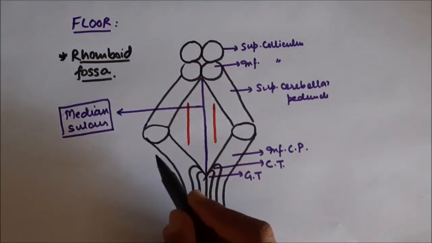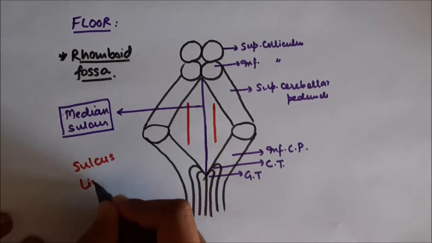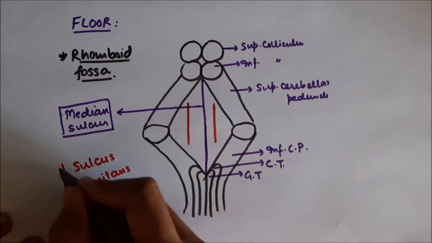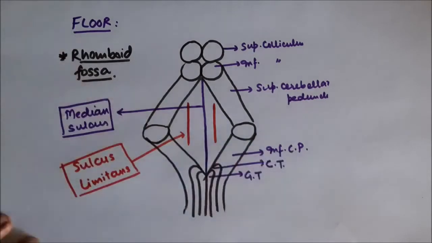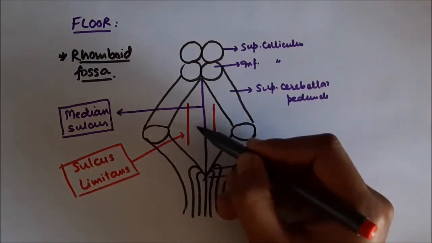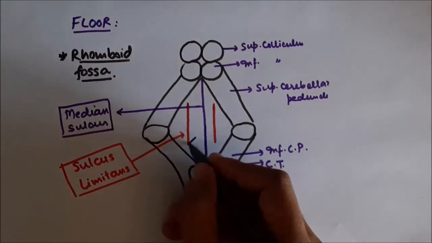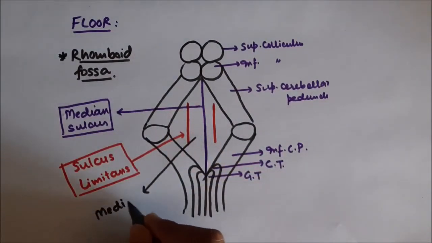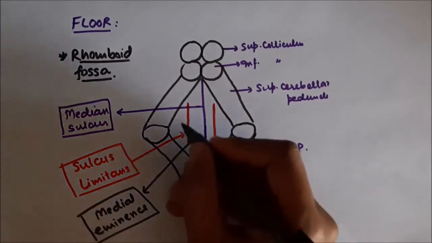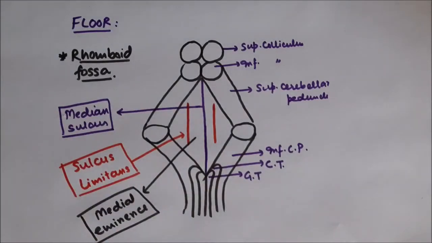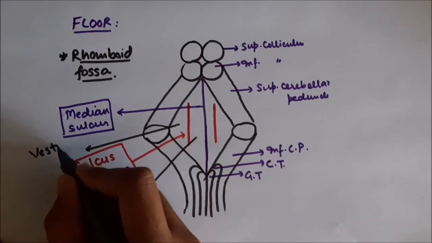This sulcus is called sulcus limitans, and the medial part is called the medial eminence, and the lateral part is called the vestibular area.